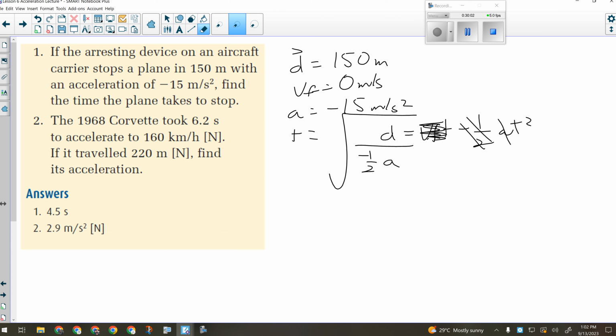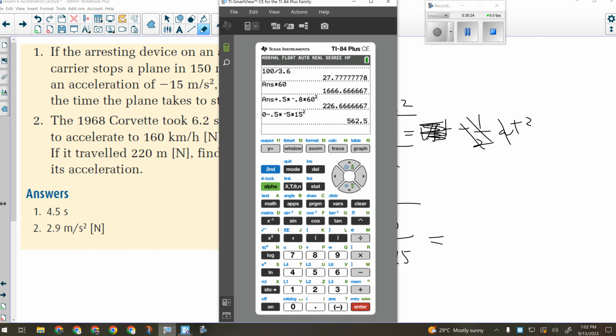If you forget to bring over that negative, or you forget to make the acceleration negative, it won't work. If you forget both, it'll work out, oddly, but you do need to make sure you have all the appropriate vectors in there. So square root of 150 divided by negative 1/2 times negative 15, so that'll take care of the two negatives, and you'll be taking the square root of a positive number.